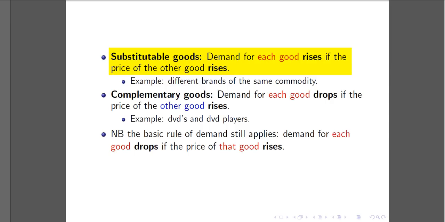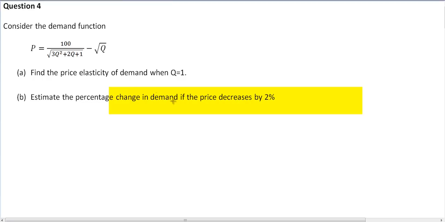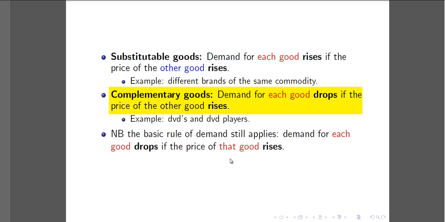And complementary goods are when the demand for each good drops if the price of the other good rises. So what am I looking out for here? So it's all about the demand. What happens to the demand? We want to know what happens for each good. What happens to the demand when the price of the other good rises? We want to know what happens then.